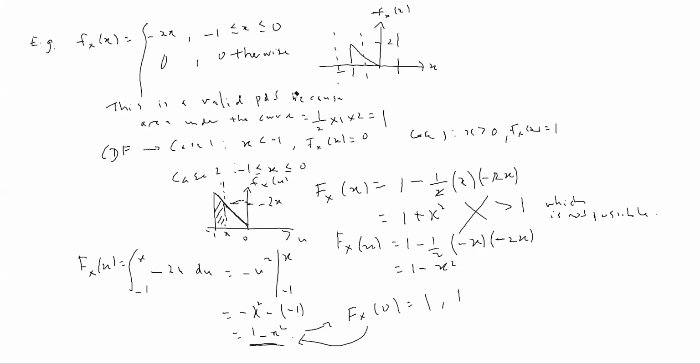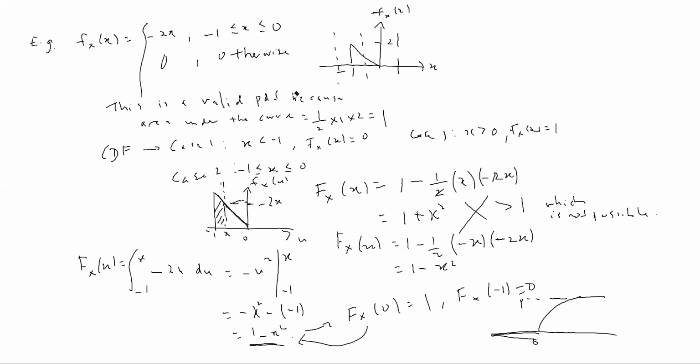Because our region is from -1, if I plug -1 inside, this should be 0. Because remember, I told you it's continuous. It must go from 0 to 1.